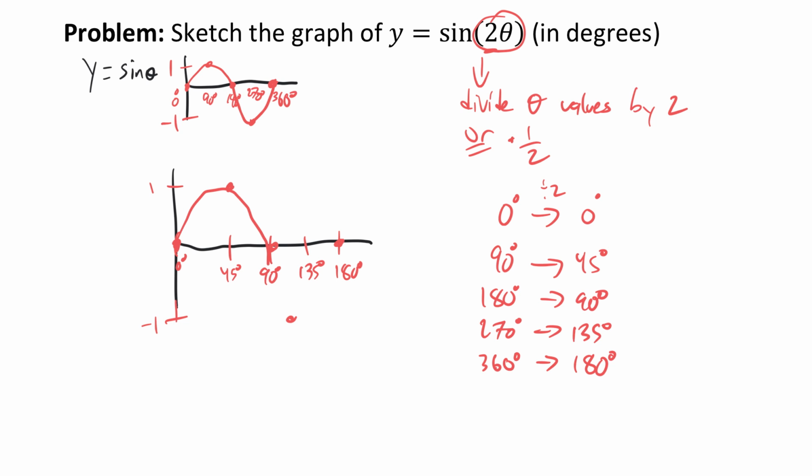Connect the dots. And if you wanted, we could add some arrows because we know the graph does continue on. For this problem, it probably would say something like sketch 1 period of the graph. And so there's 1 period of the graph, and we're good to go.